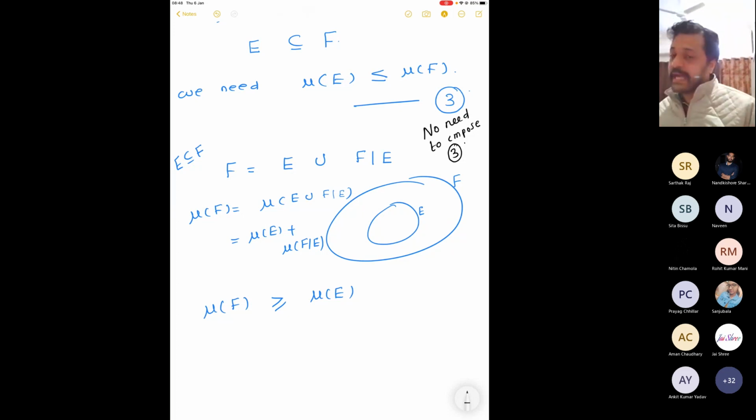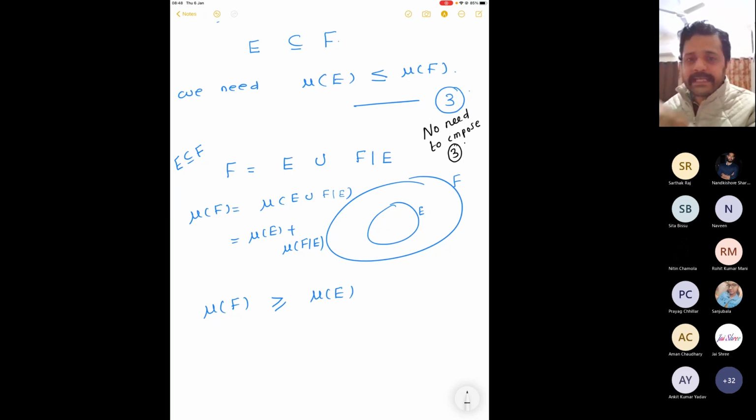I can write it in terms of complement, but right now I don't want to. If you want to talk about mu of F minus E, it should be in B. So B should be rich enough to include the difference of two sets. Otherwise, I cannot talk about mu of F minus E.